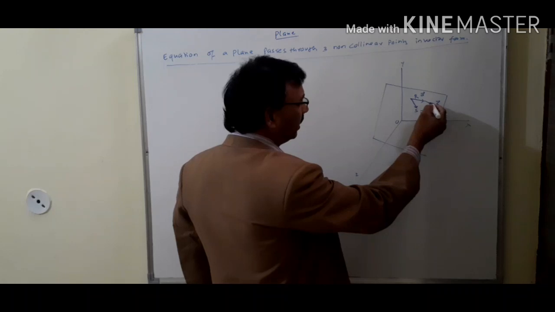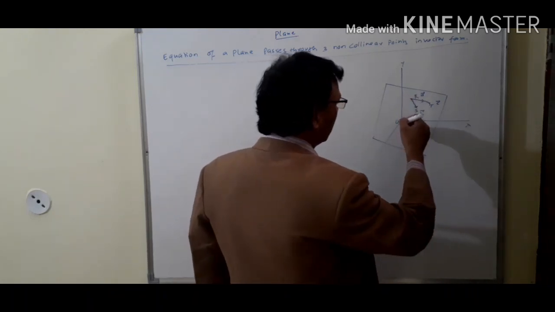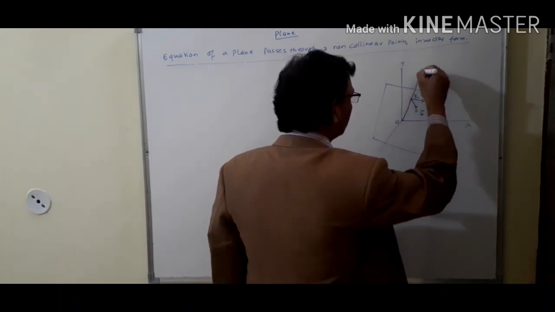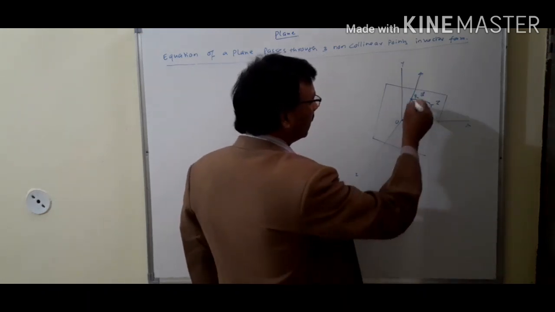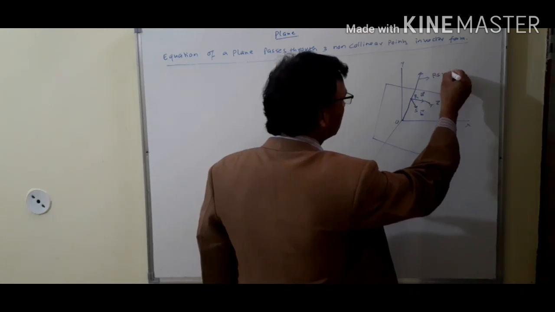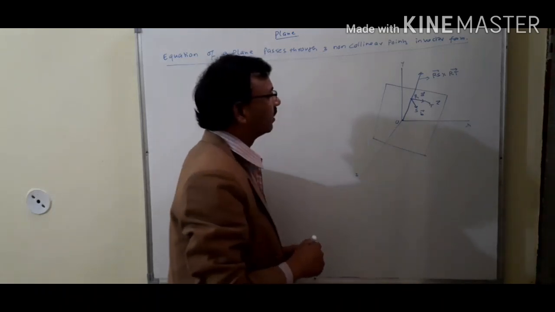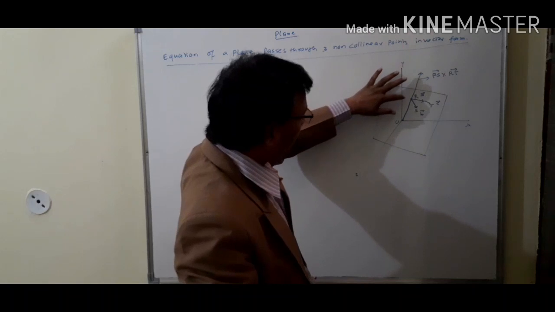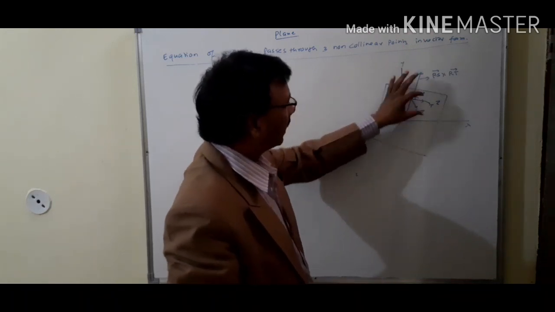These vectors will be perpendicular to a vector which passes through the point R, and this vector is denoted by RS cross RT. That means RS cross RT is perpendicular to RT and RS because these points lie in the plane.